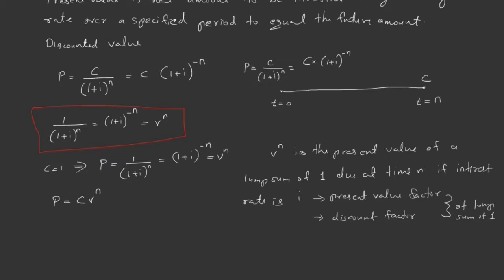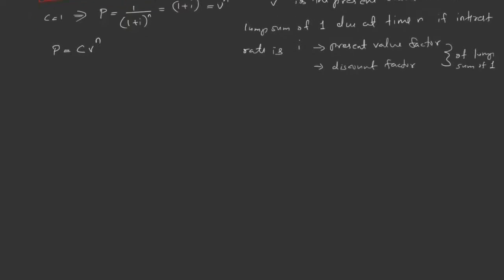Now let us find some present value factors. What is the present value factor if I is equal to 10% and n is equal to 1 period? We know it is v raised to 1, that is equal to 1 by (1 plus 10 by 100), that is equal to 1 by 1.1. So that is equal to 0.909090 and so on.